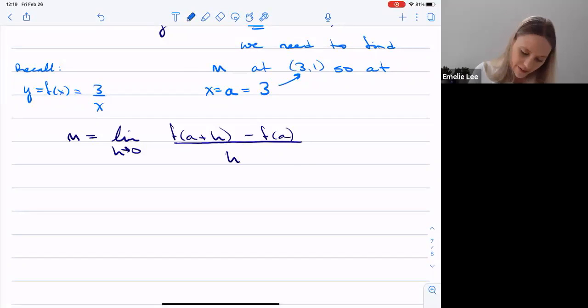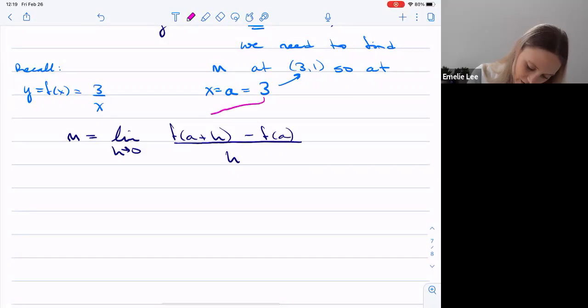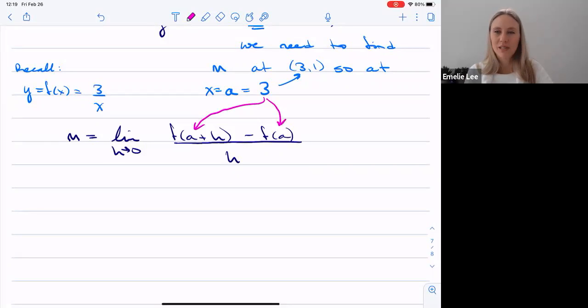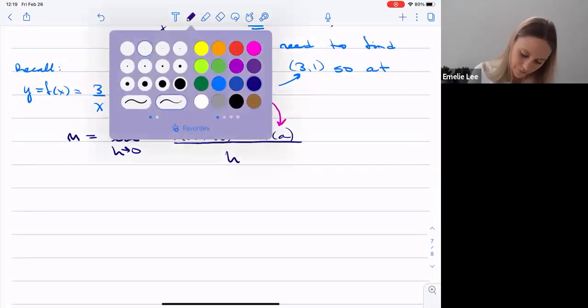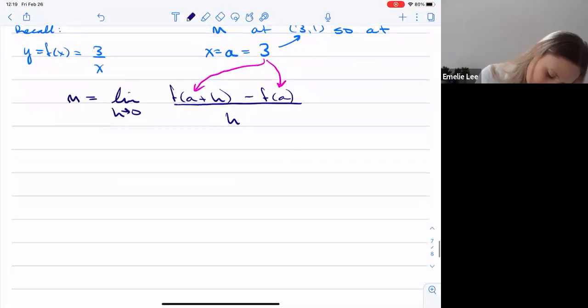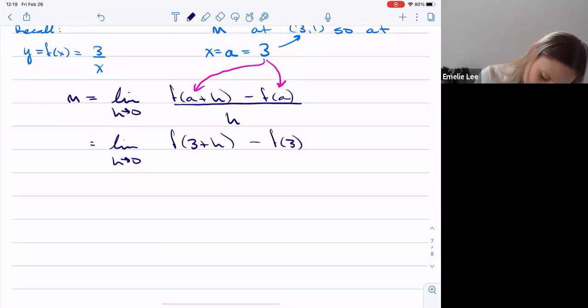So from the point a equals 3, I can put into this function, or this limit. To find the slope, I'm going to find the limit as h goes to 0 of f of 3 plus h minus f of 3 over h.